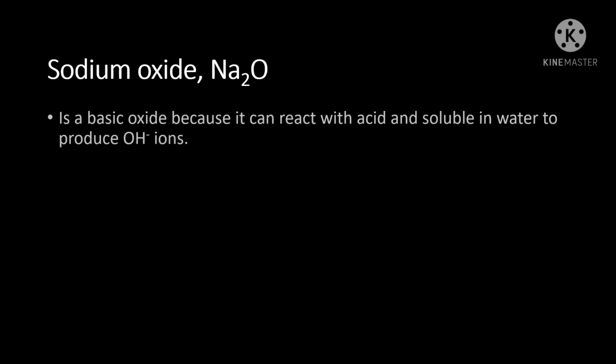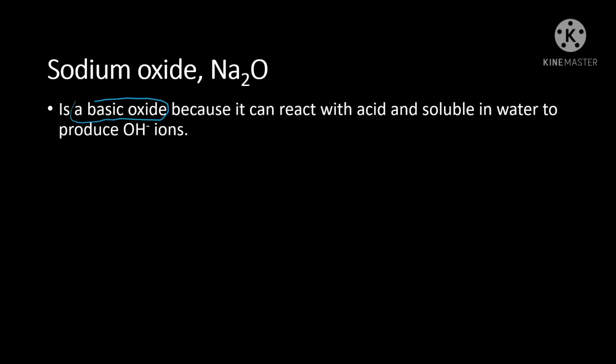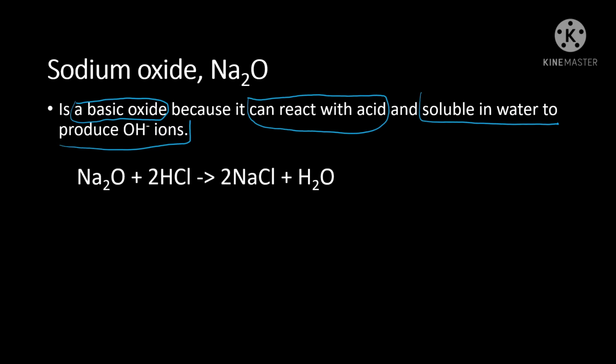Sodium oxide is a basic oxide because it can react with acid, and when it dissolves in water, hydroxide ions are produced. For example, sodium oxide reacts with hydrochloric acid to produce salt and water. Because sodium oxide can react with an acid, this indicates that it is a basic oxide.